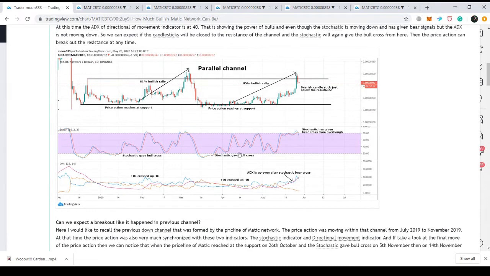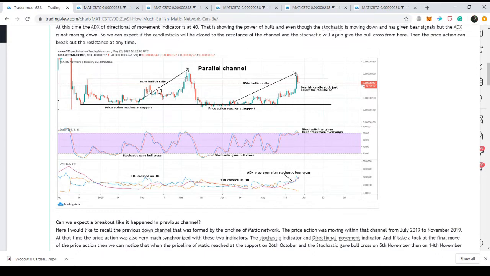One is the stochastic, and the other one is the directional movement, the DMI indicator. And we can see that whenever the price action moves up to this support and the stochastic gives the bull cross, and this directional movement, the positive directional indicator, this blue line, crosses up this negative directional indicator, the bearish line, then we can see that the price action moves up to the resistance of the channel.